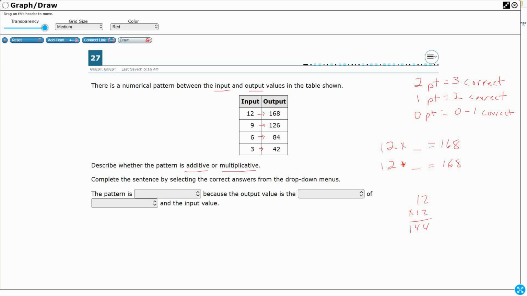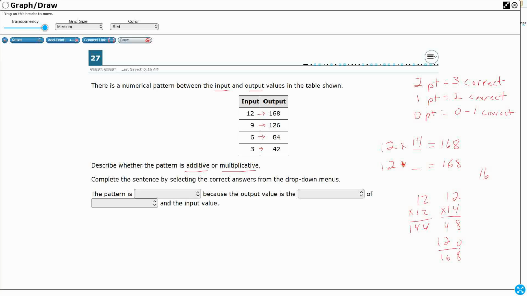That's a fact I remember. So that's going to leave me 24 left. So the two 12s make 24. So I'm thinking 12 times 14. So that's going to be 8, that's going to be 4, and that's going to be 12. Yeah, 168. Okay, so I can either multiply by 14 or 12 plus what gets me 168?